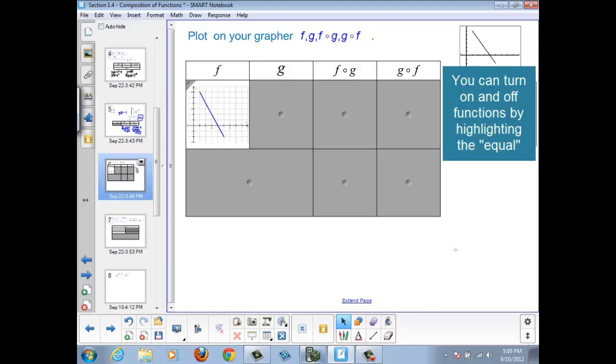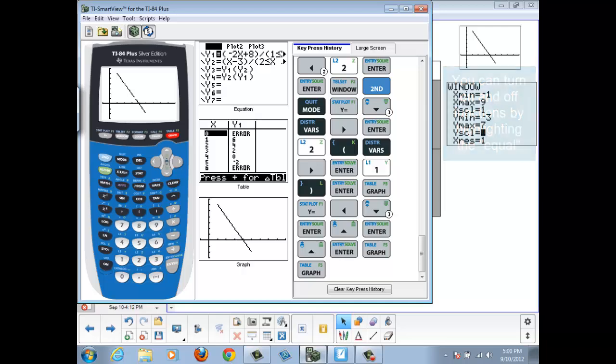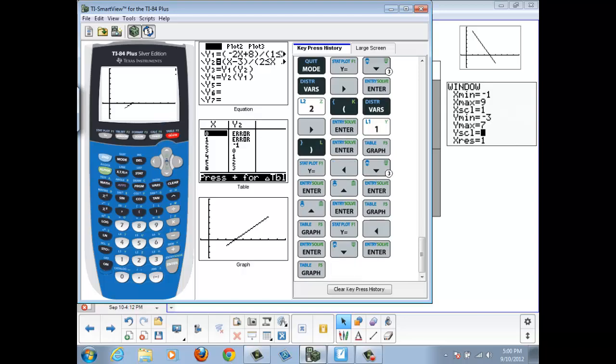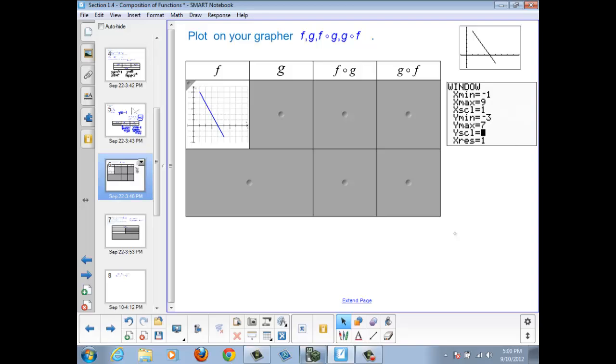So then we can go back and look at g. Toggle off f and toggle on g. Graph. There's our graph of x minus 3 between 2 and 7. All right. And then a graph for f composite g.